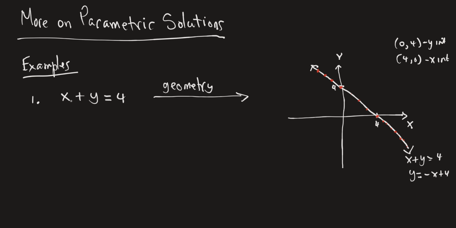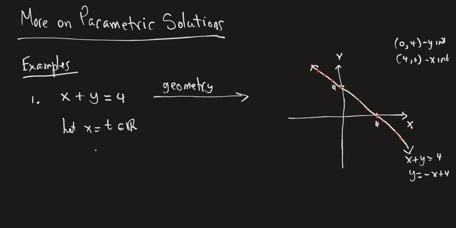So for example, let's say I assign any real value to x. So if I say let x equals t, any real number, right? That makes sense because when you think of the x values for points on this line, they could be any real number. But once I assign a parameter to the variable x, then I have to figure out what value of y would satisfy the entire equation.